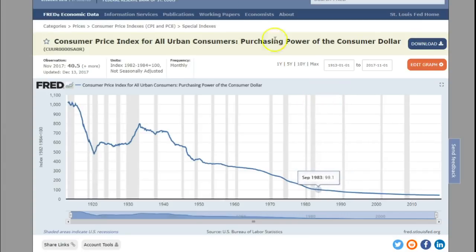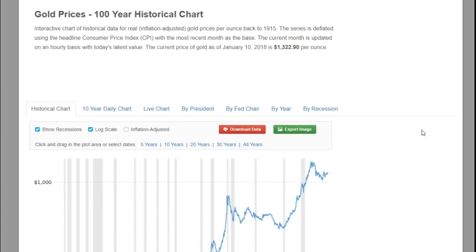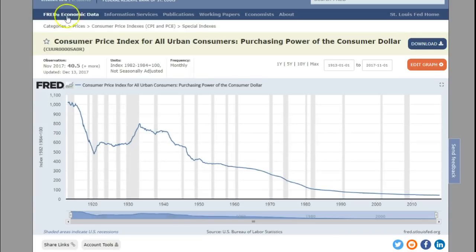Taking this graph along with the gold chart, 100 years of historical data, you can see one goes in one direction as far as its nominal value having increased, and the other goes downward as far as the purchasing power of the Federal Reserve note, or FRN, and its ability to purchase goods and services throughout the years.